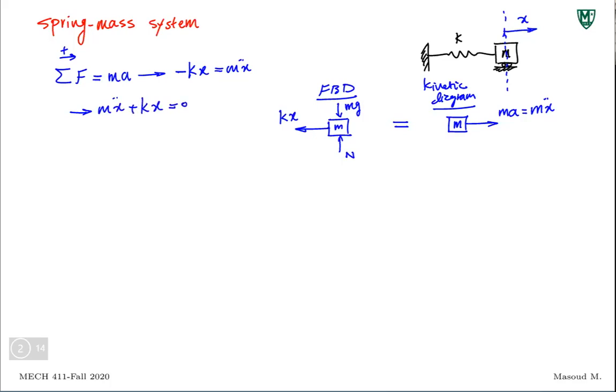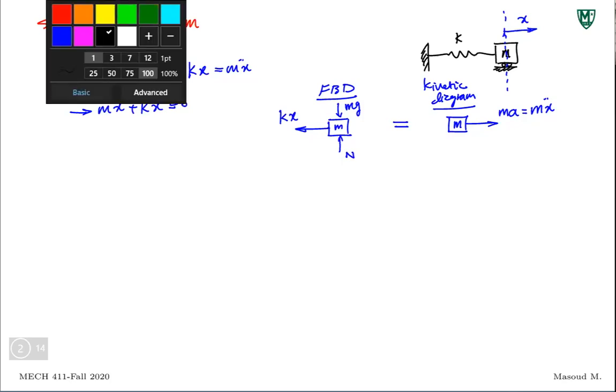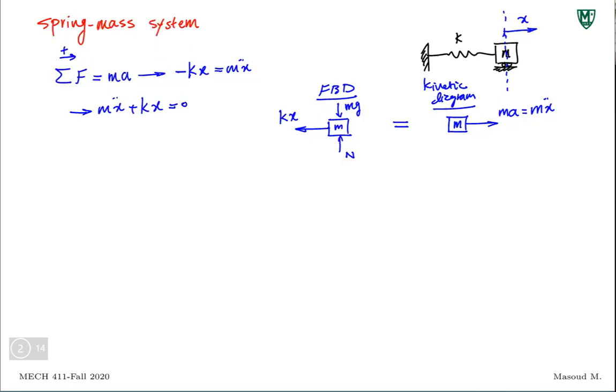And this would be my equation of motion. Let me just put it there. I represent that with EOM, equation of motion, for a spring mass system. Good. Did everyone follow that? Pretty much what we knew from dynamics.